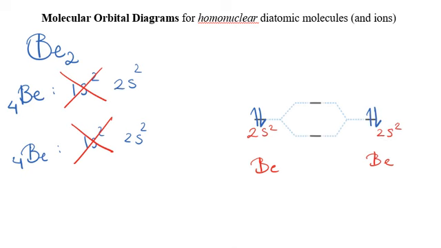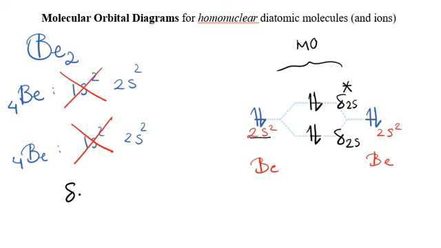We are going to add electrons and let's see what happens for molecular orbitals. So molecular orbitals in the middle, if you have 2 electrons for this and 2 electrons for that, I'm going to label them sigma and sigma star because they are coming from 2s. I'm going to call them sigma 2s and sigma star 2s. 2 electrons for the first, 2 electrons for the second one.